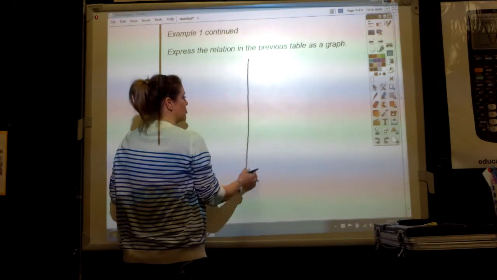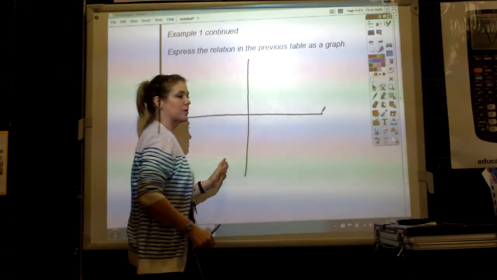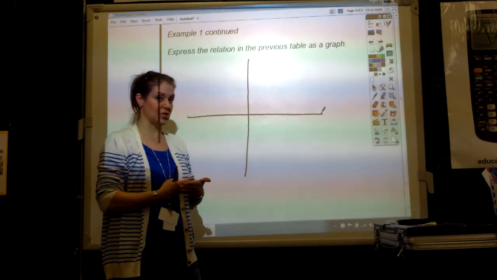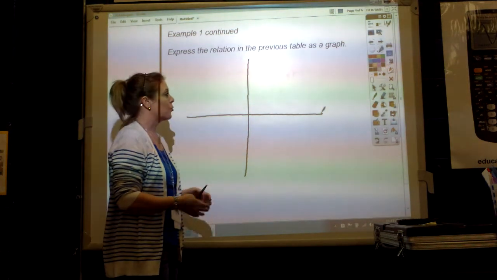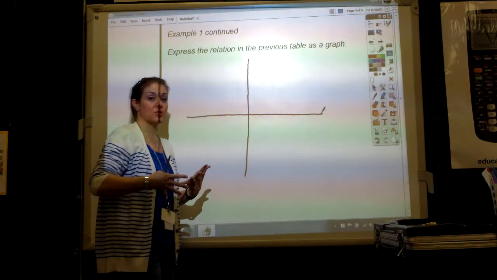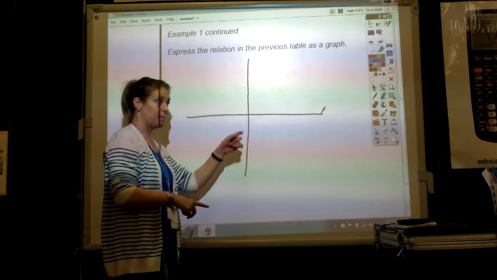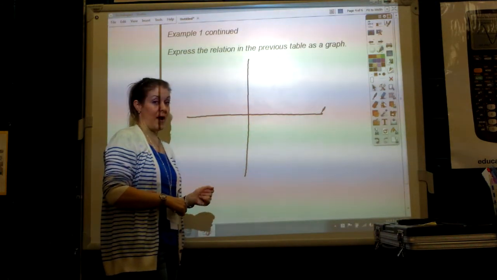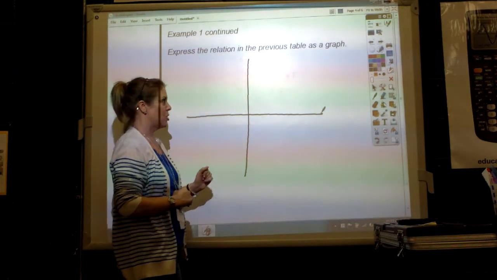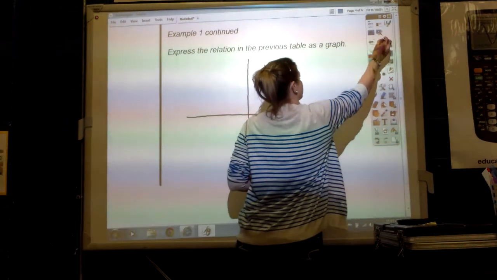So I want you to graph it on a coordinate plane so that you see that relation, that set of ordered pairs, written 2 different ways or expressed 2 different ways, in a table and in a coordinate plane graph. So I'll be looking for that in your notes when I check them tomorrow.